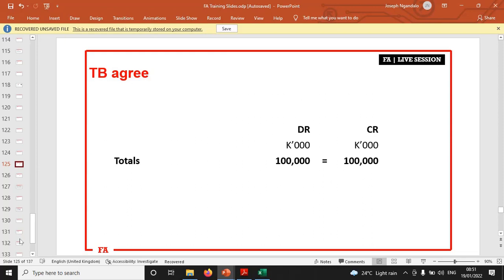When the trial balance agrees, it means that your debit side is equal to your credit side. That is exactly what it means. Okay?